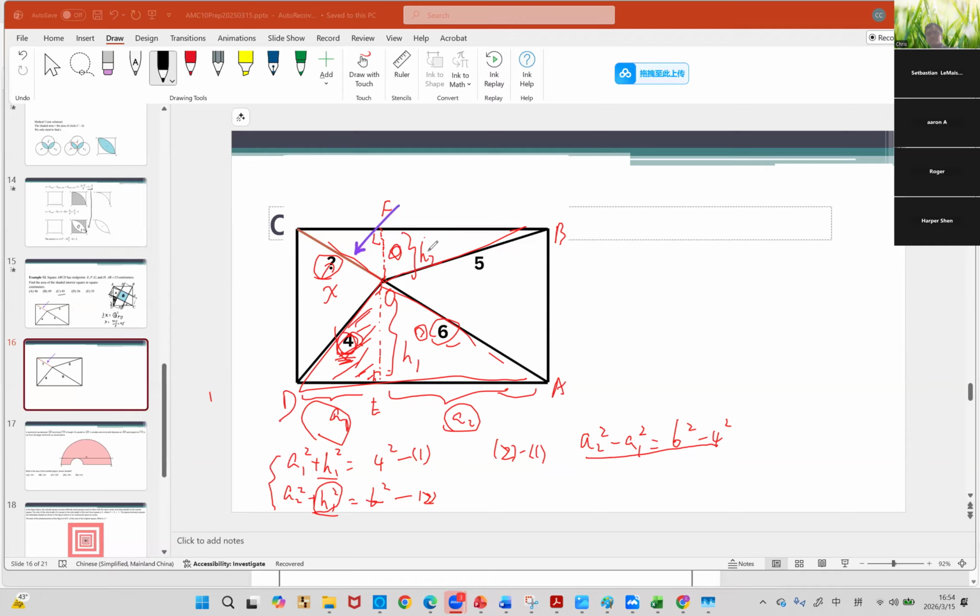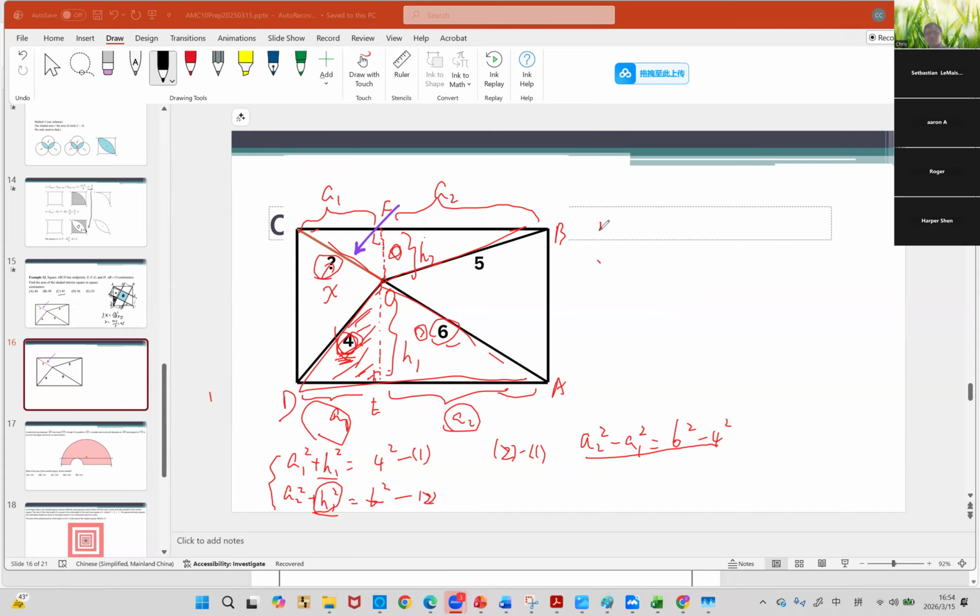And h2 squared plus A2 squared equals 5 squared. So what next?